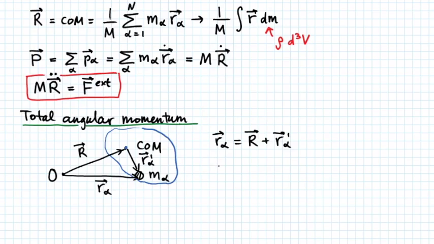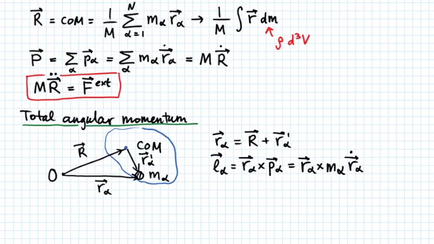The angular momentum of chunk alpha around point O is simply the cross product of r alpha cross the linear momentum p alpha, which of course is nothing other than r alpha cross m alpha and then velocity r alpha dot.